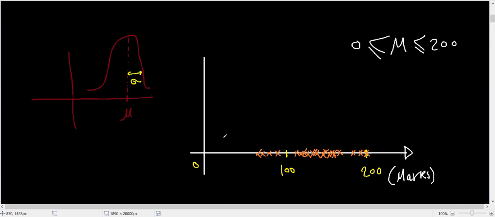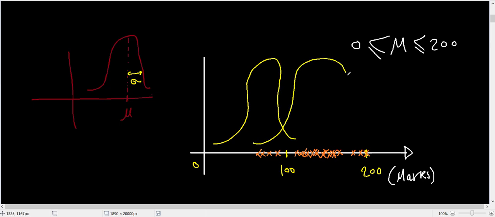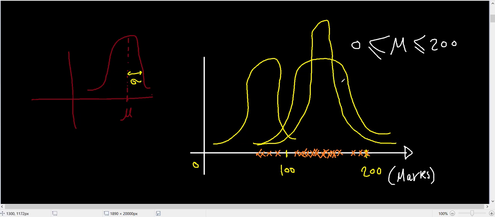So for example, you might choose a Gaussian distribution like that to describe your data, or you might use something like that having this mean, or you might have something like that. So this one and this one have the same mean but different standard deviations.